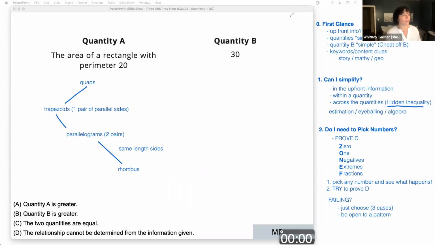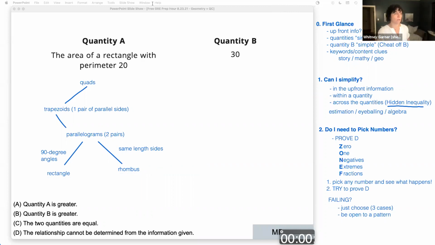If my parallelogram has 90-degree angles, then I have a rectangle. So instead of it leaning, it sits upright.